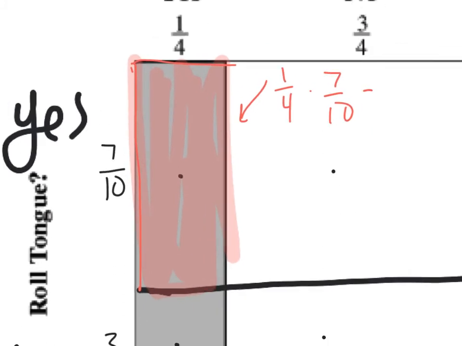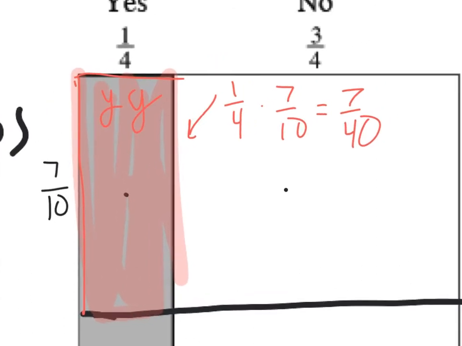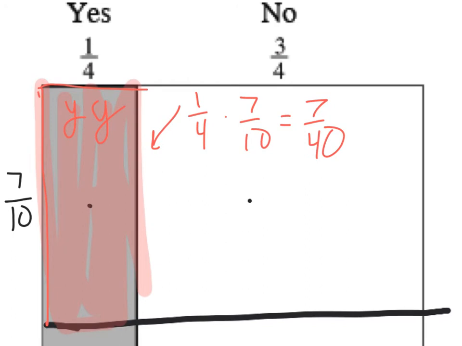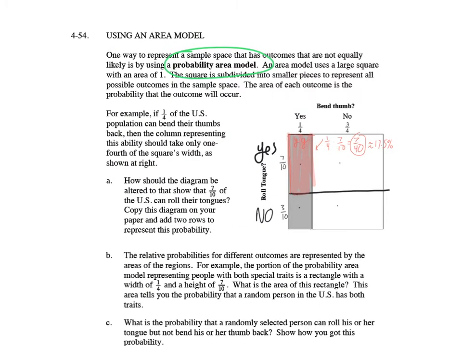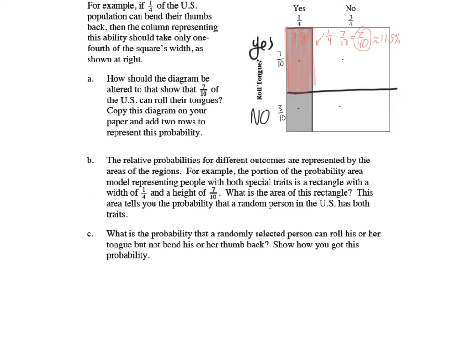In multiplying those together, I'm going to get 7 out of 40. So the probability that somebody can roll their tongue and bend their thumb backwards is 7 out of 40, or approximately 17.5%. So the area of the shaded region represents the probability that that event will occur, and we find that area by multiplying the two probabilities together.